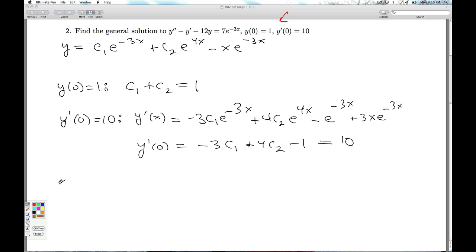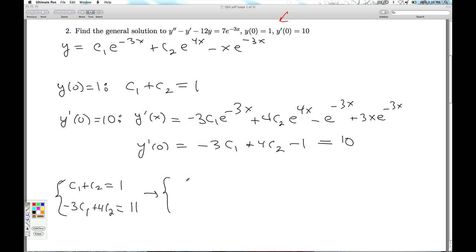So I get a system, two equations, two unknowns. c1 plus c2 is 1. Negative 3c1 plus 4c2 equals 11. You can do whatever you want. You can solve for c1, plug it back in.